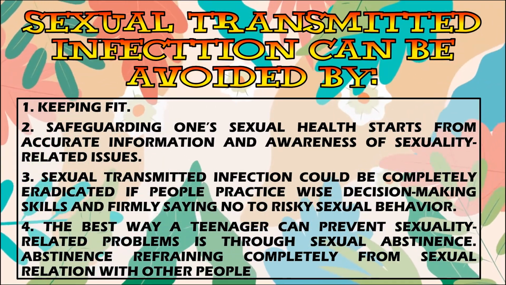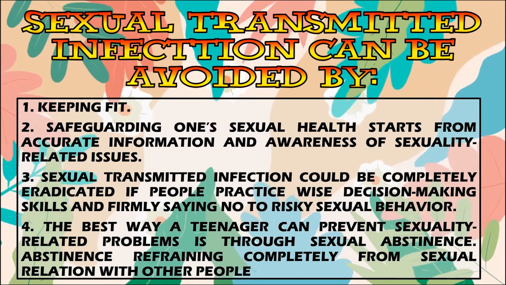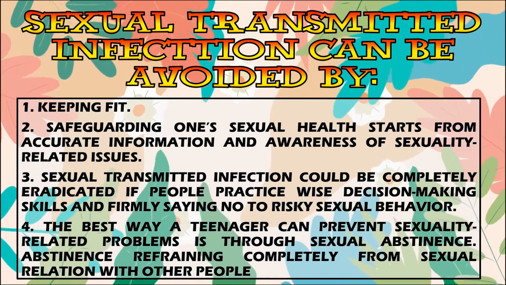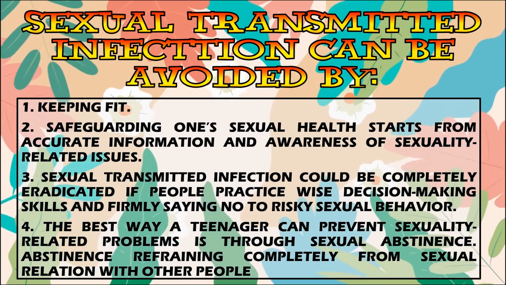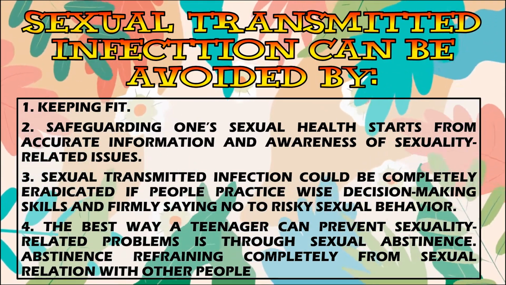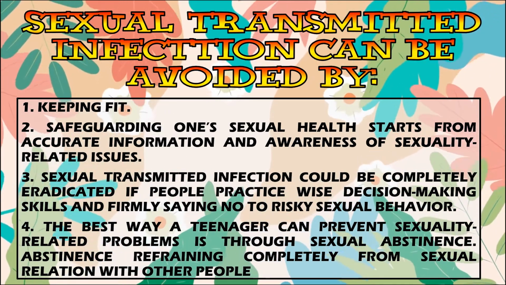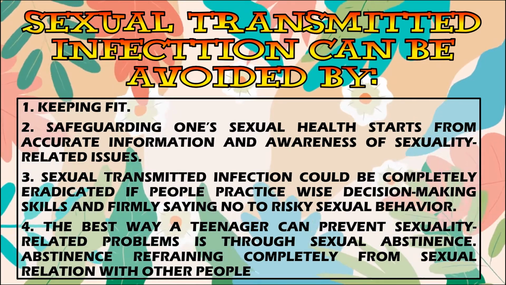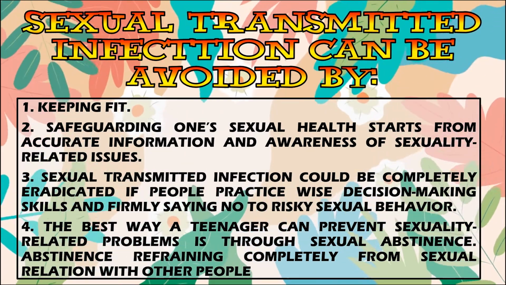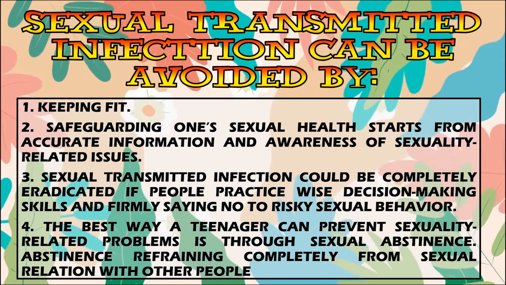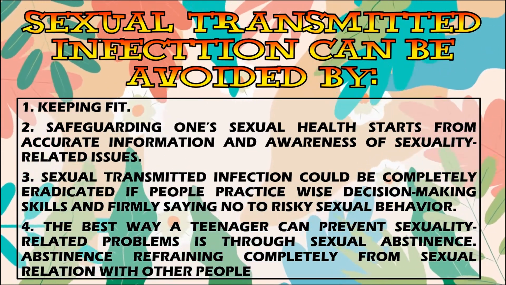Number 3, sexually transmitted infection could be completely eradicated if people practice wise decision-making skills and firmly saying no to risky sexual behavior. And number 4, the best way a teenager can prevent sexually related problems is through sexual abstinence. Abstinence is refraining completely from sexual relation with other people.